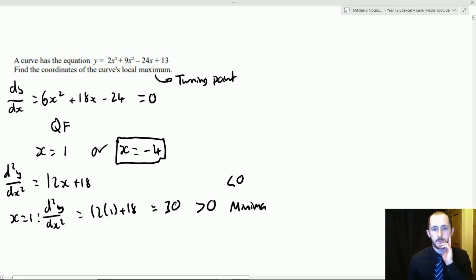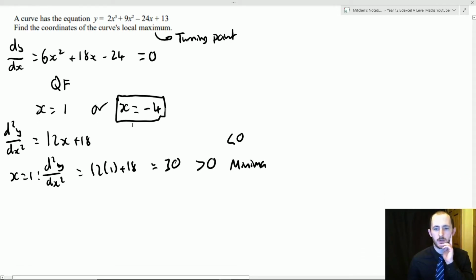So now, how do we find the y coordinate? Well, it's simple. We sub it into the very original equation, and that's where students mess up. You're subbing into 3 different equations. We've used this one to work out 2 values of x, and now we sub into this third equation.